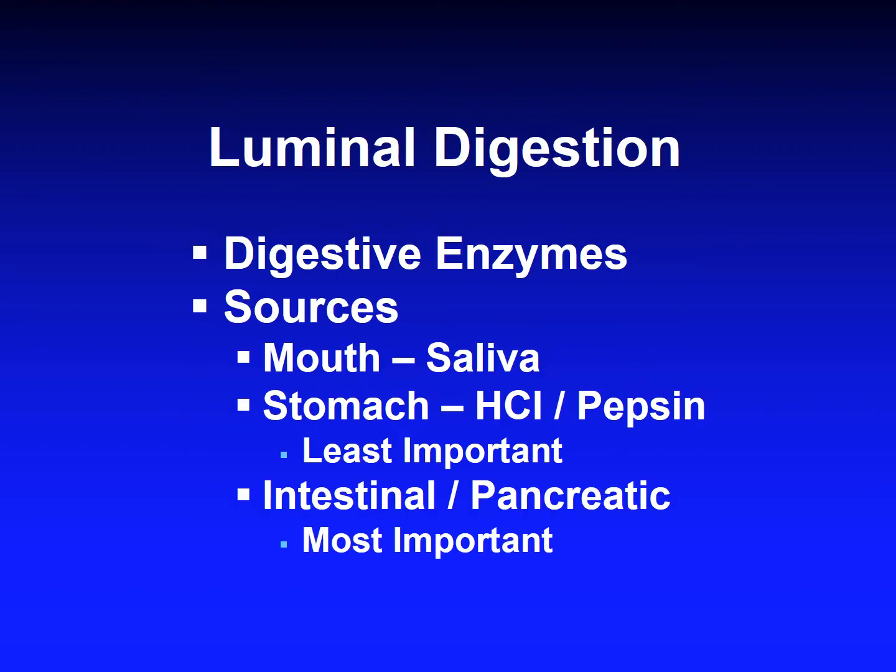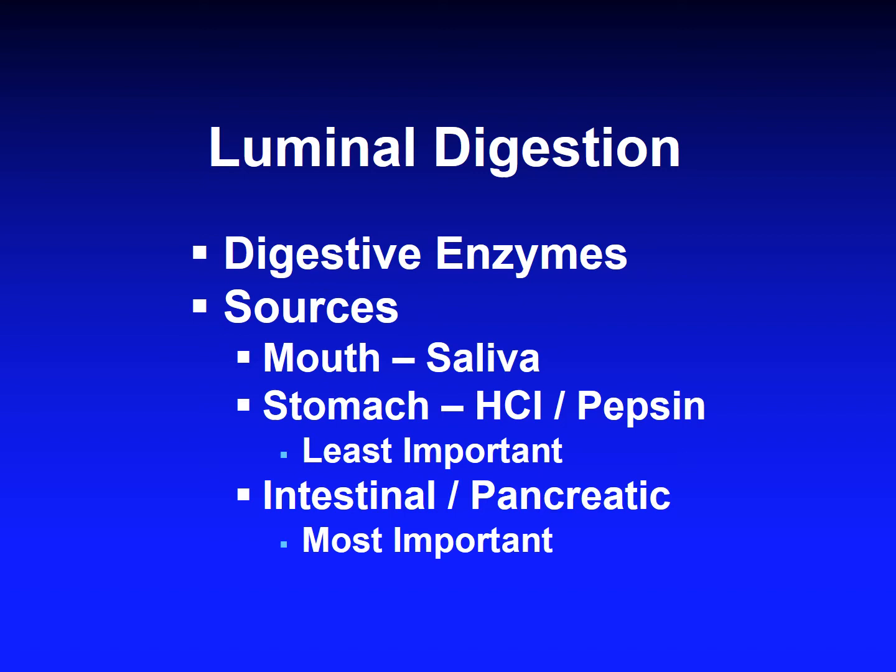Luminal digestion, as I mentioned earlier, occurs in the lumen of the gastrointestinal tract, which means any lumen in the gastrointestinal tract contains digestive enzymes. And I said earlier that digestion occurs throughout the gastrointestinal tract. Absorption, on the other hand, is mostly in the small intestines. So let's talk about the lumen first. Where are the lumens in the gastrointestinal tract?